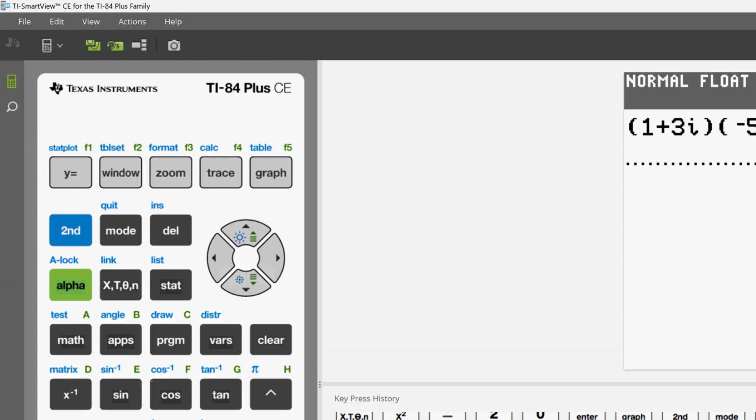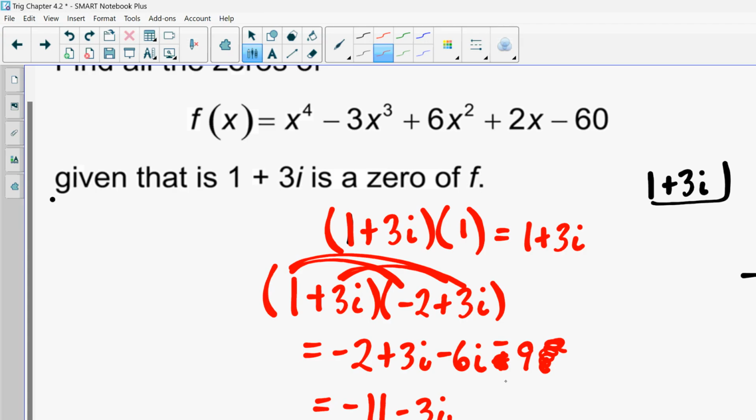Enter. The graphing calculator will do this multiplication for us. 4 minus 18i. And again, just like the previous one, we're going to add straight down. Well, 2 and 4 would add together to give us 6. So we still have the minus 18i.